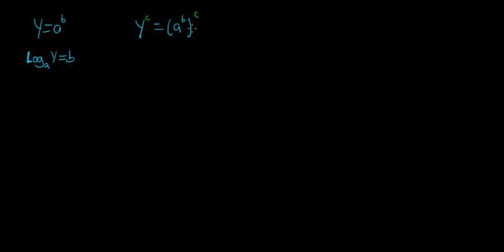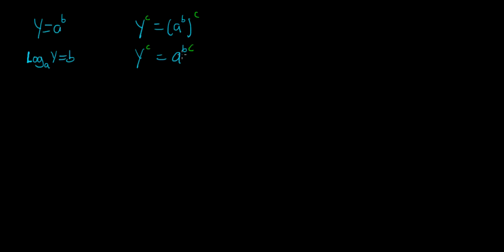Now what do we know about our indices when we have an index raised to another index? Well, we just multiply them. So y raised to the power c is equal to a raised to the power b times c, which I'll just call bc. And we get it this far.